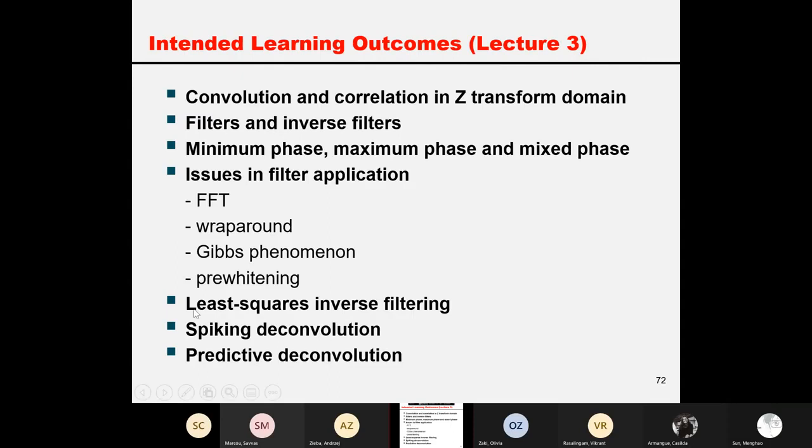And there are two applications of least squares. One is called spiking deconvolution. The purpose of that is shaping the wavelet, making it narrower, more spiky. And the predictive decon, which we just introduced here, is mainly for removing periodic signals, which are multiples, right? Both deconvolutions can be treated as gap decon.